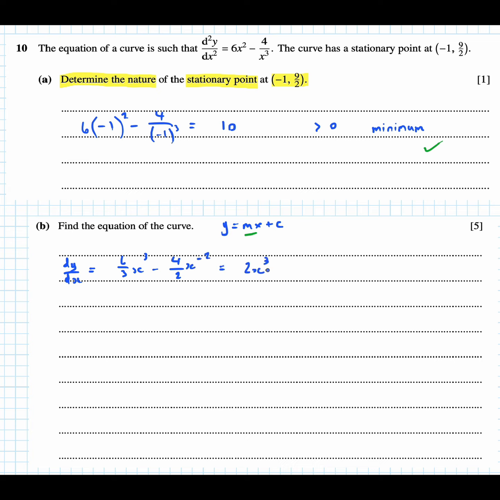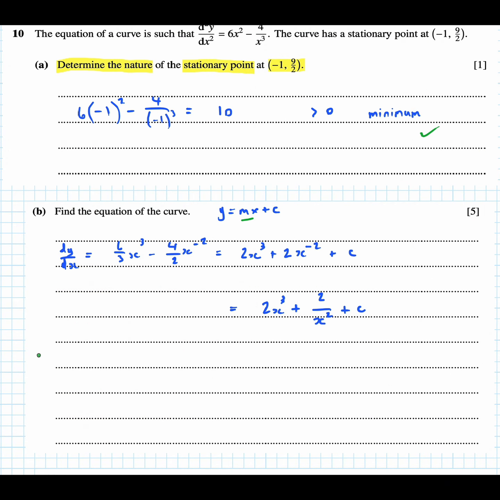So we simplify that, we get 2x cubed plus 2 over x squared, or 2x minus 2. You can use whichever one you want. So 2x cubed plus 2 over x squared plus c. So I'll just solve for c here. So dy over dx. So c is equal to 0.